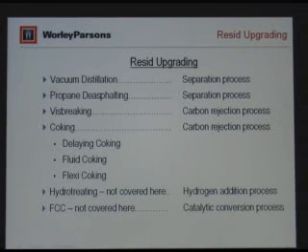Once you get into visbreaking and coking, these are what they call carbon rejection processes. So what you're trying to do is to basically take the carbon out either by making coke or by making a heavy stream that takes some of the carbon and leaves you with some lighter material that you can use.